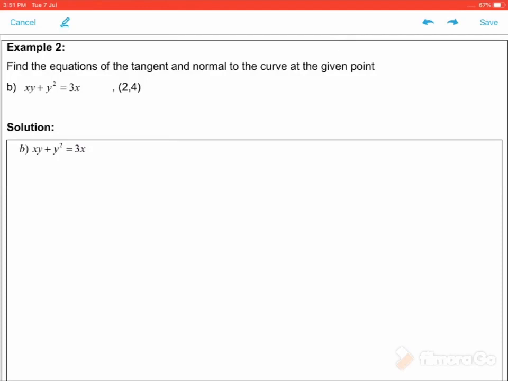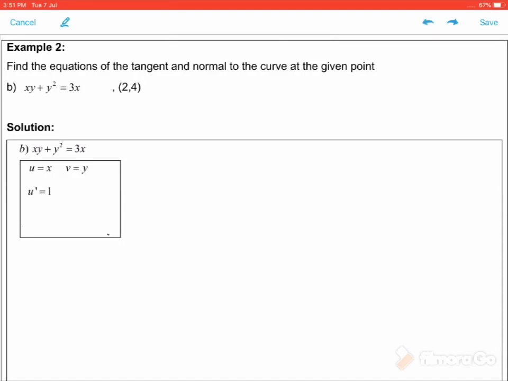Okay, first of all, let us focus on how to differentiate the first term, xy. To differentiate xy, we have to use the product rule. So we let u equal to x, and then v equal to y. When we differentiate u, we will get 1.